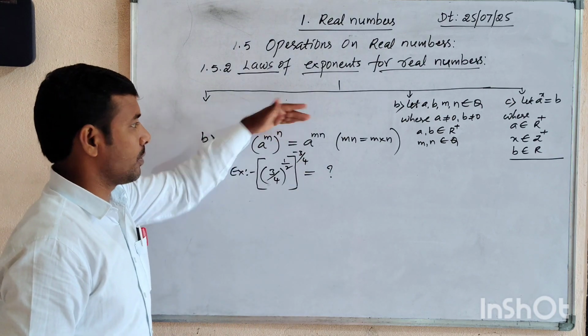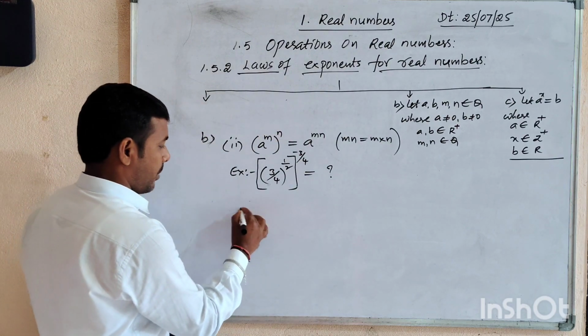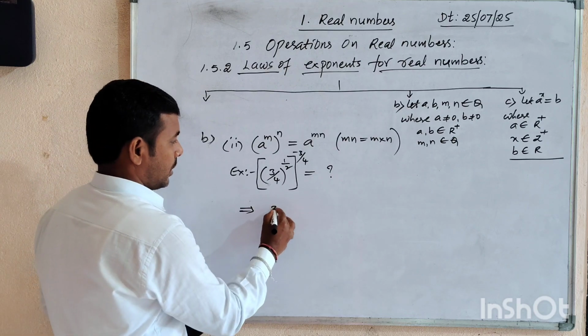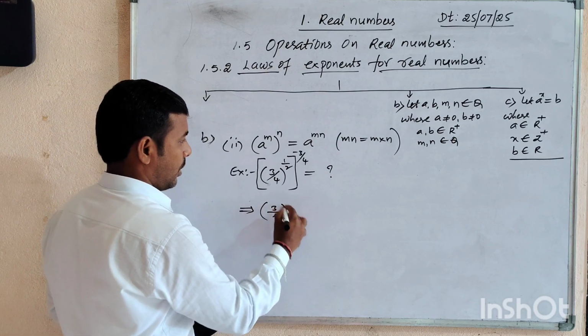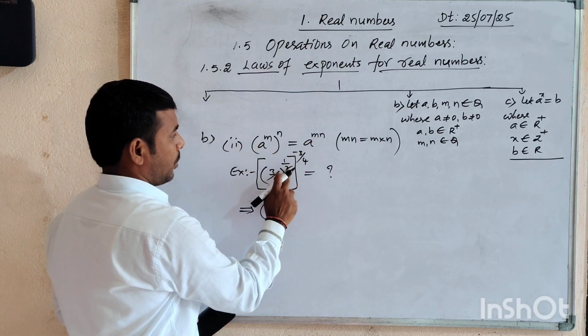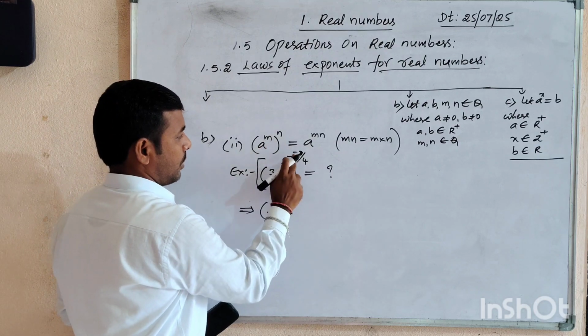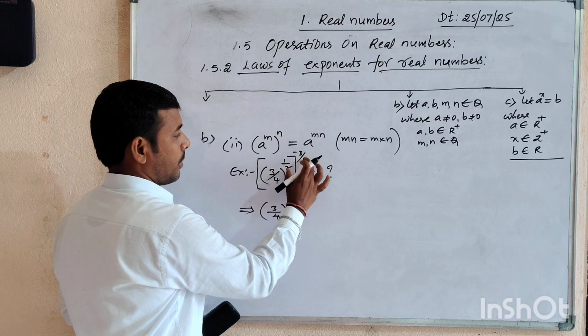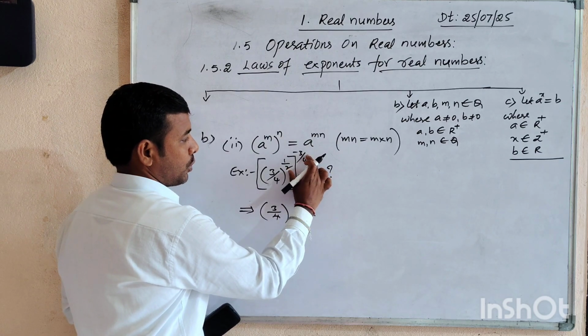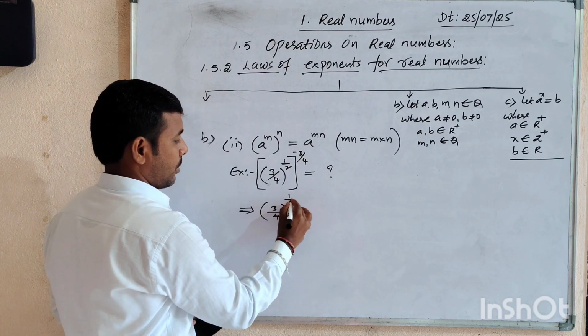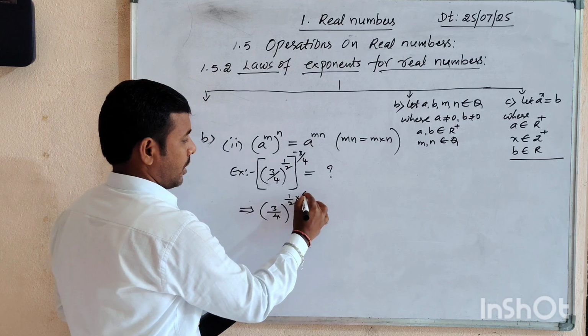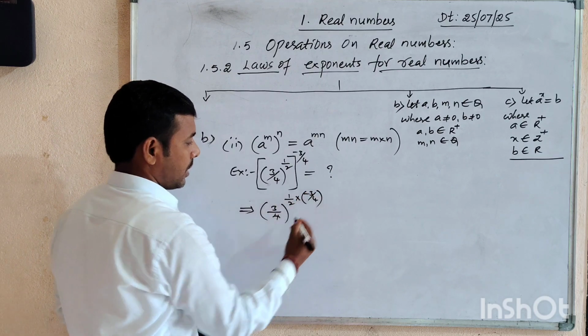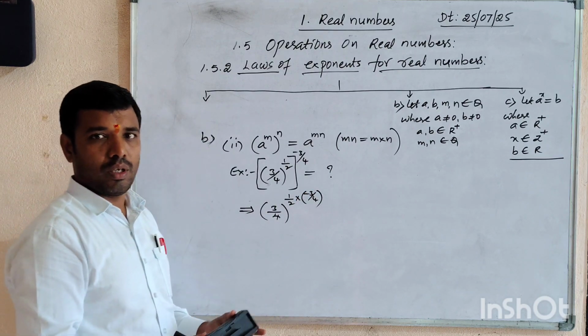Okay. But how to do this problem? With the help of this formula. So now I am doing this carefully. (3/4)^(1/2) whole to the power of -3/4. Based on this, the m position is 1/2 and the n position is -3/4. Mn is nothing but multiplying these two powers. I think you understood.